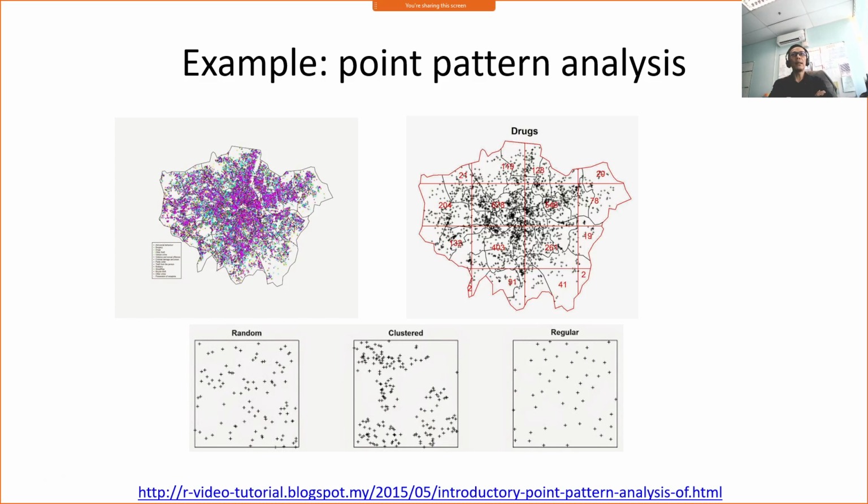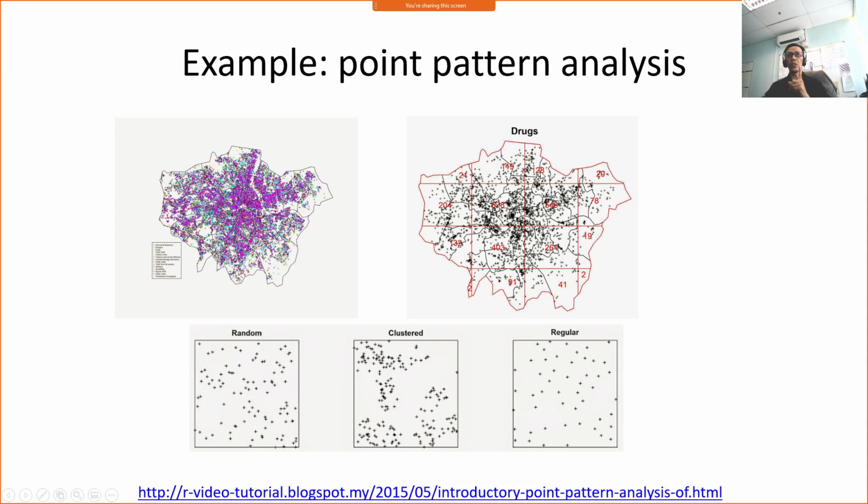This is one example of point pattern analysis. This is, I think, the UK, and you can see points of drug users, I think locations of drug users, and from these points you want to answer this question: does this pattern show some kind of clustering of drug use, right?